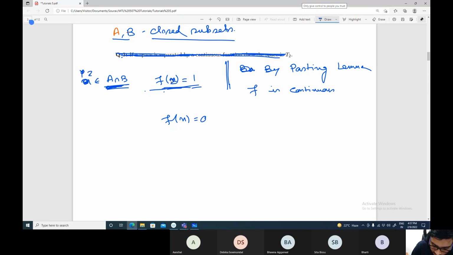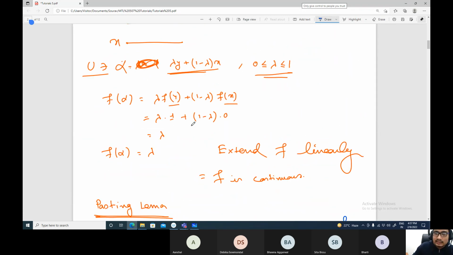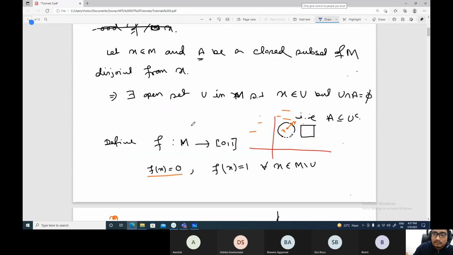Now, f(x) is equal to 0 and f(a) is equal to 1 for all a belonging to A. Why? Our A was a subset of U complement.